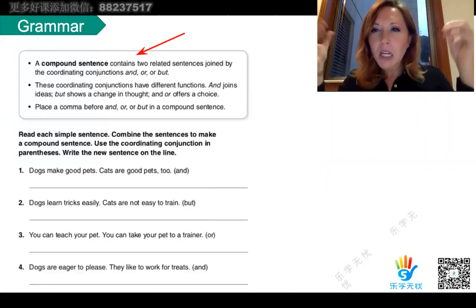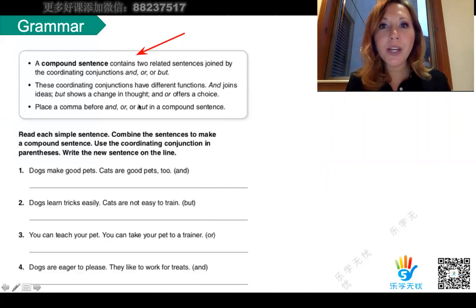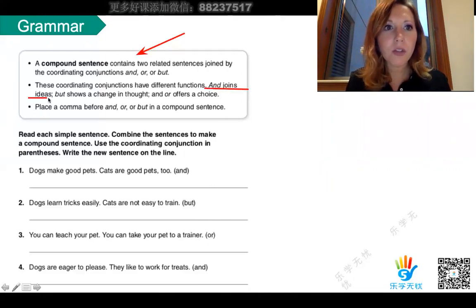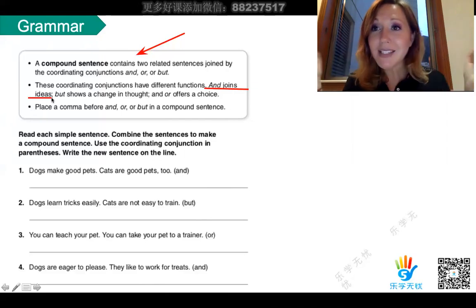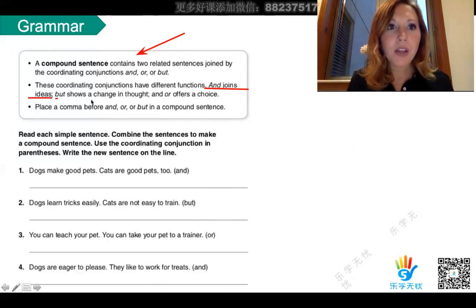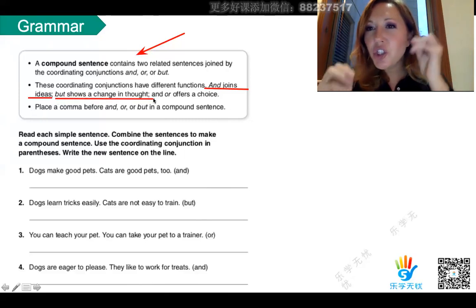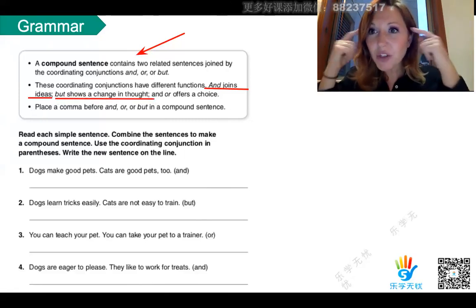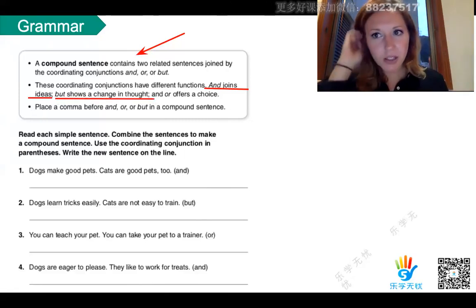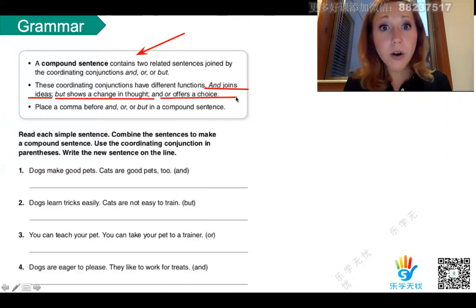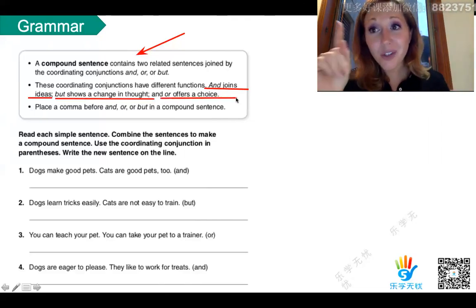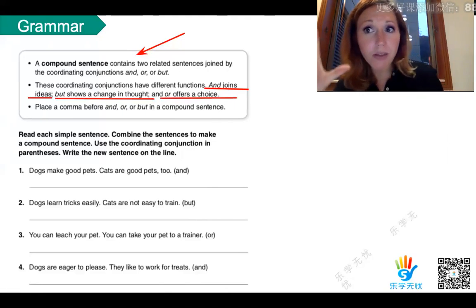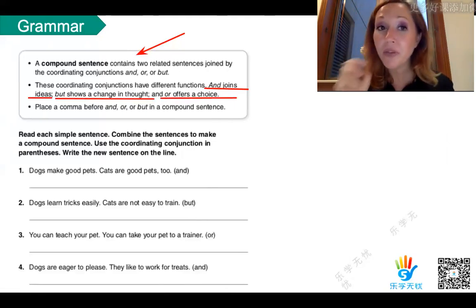So, and is going to join some ideas, okay? Joining ideas is bringing them together. But is going to show that there's a change, okay? There's a change in the thought. Or is going to offer us a choice, this or this, okay? So they do different things.